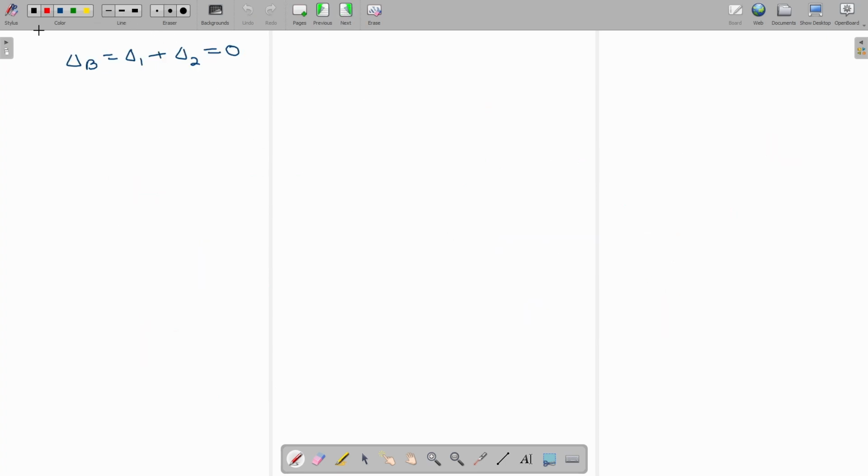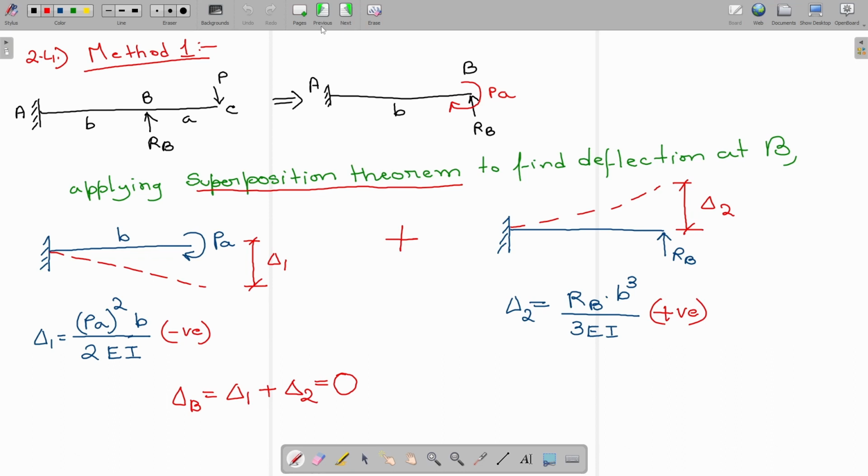So we are going to write like this: minus PA into B square by 2EI plus RB B cube by 3EI is equal to 0. I have written something wrong here.